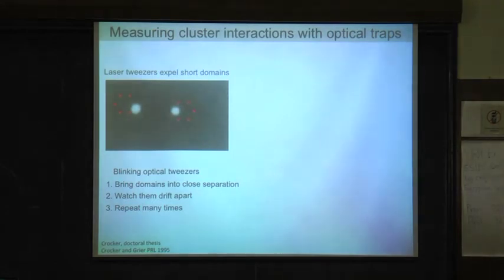We're going to bring it together, much like herding them together, and then we switch off the traps. And what's going to happen is they will fall apart slowly under repulsive forces as well as Brownian motion.